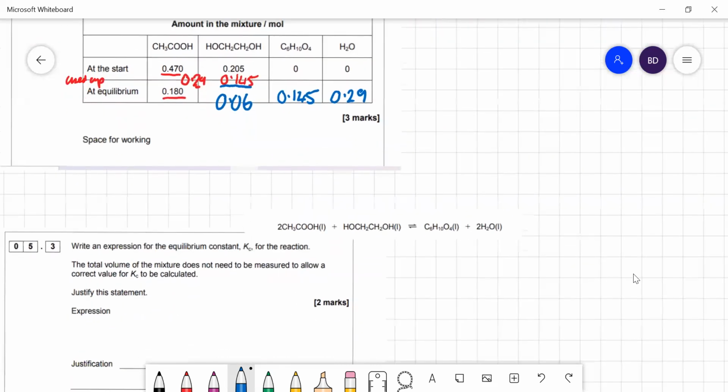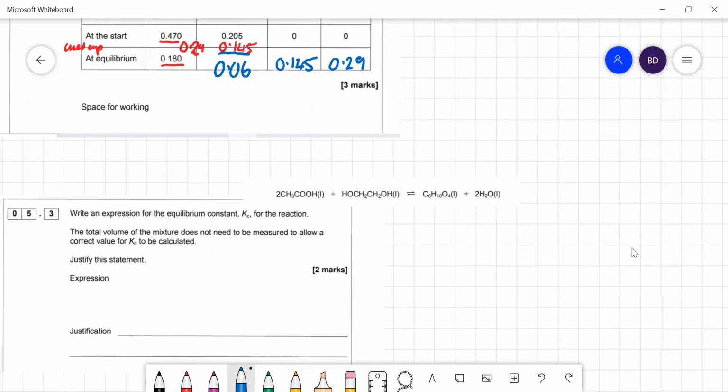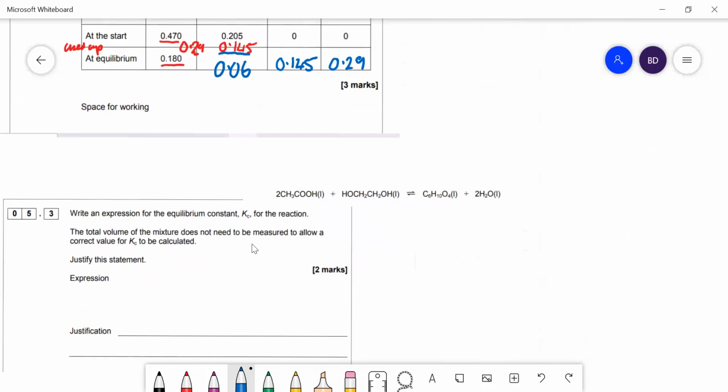Write an expression for the equilibrium constant Kc. And then the total volume doesn't need to be measured in order for Kc to be calculated. You've got to explain why. So I've just pasted that in again.